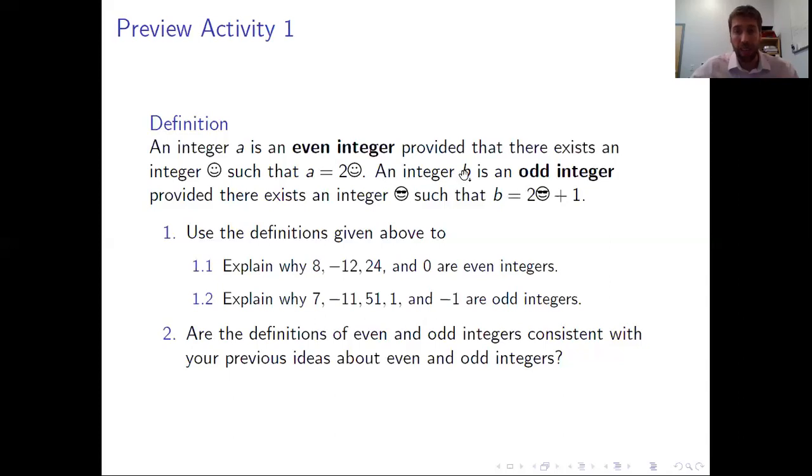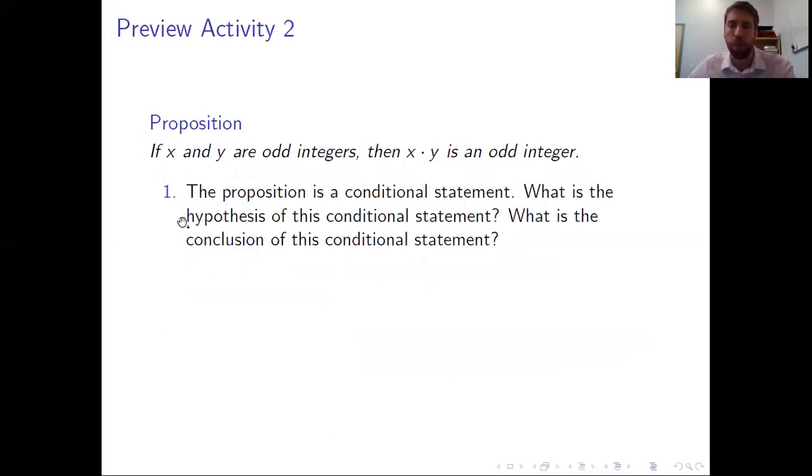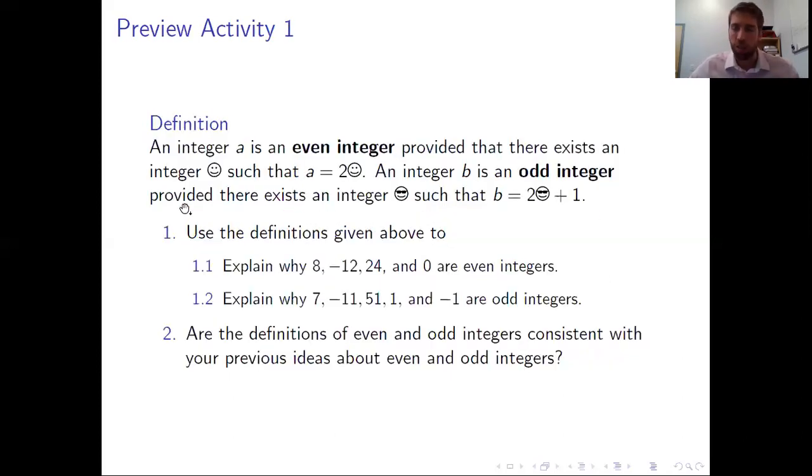An integer b is an odd integer provided there exists an integer cool smiley face such that b equals 2 times cool smiley face plus 1. The book uses an n or an m there both times, and I just wanted to try something else, to try to get the right impression of what these two unknown integers are.